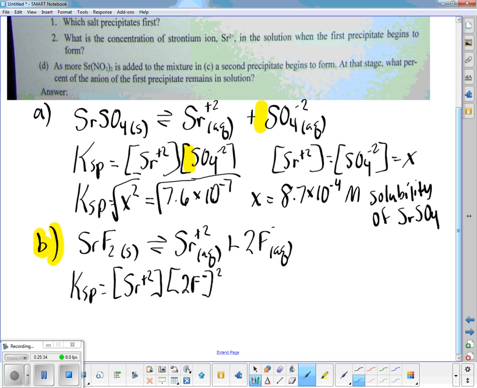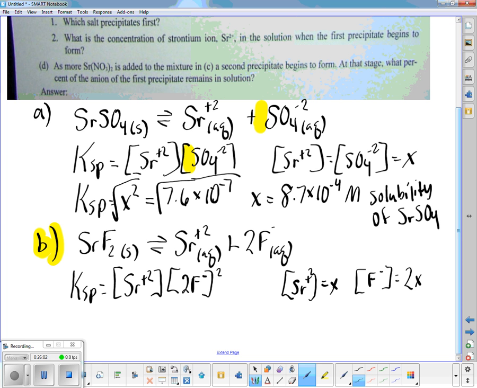So here I'm going to say strontium is equal to X. So I'm going to get one of them. But fluorine, I've actually got 2 of them. So for every strontium, when I break this up, I get 1 strontium and 2 fluorines. Does that make sense? It's just 2X right here.